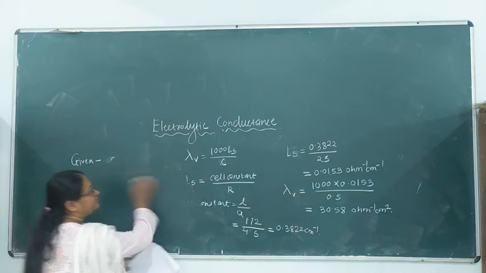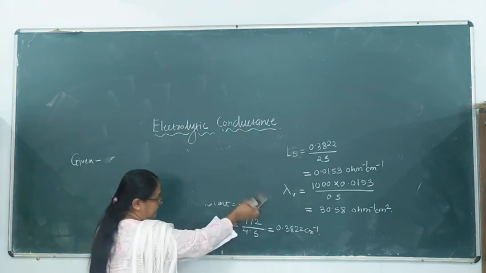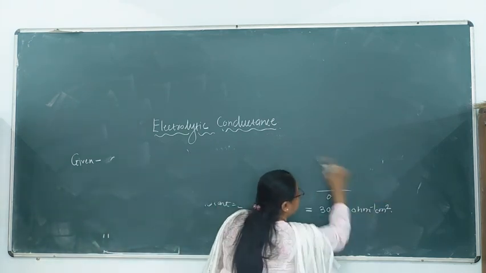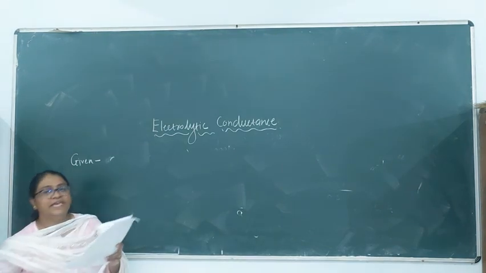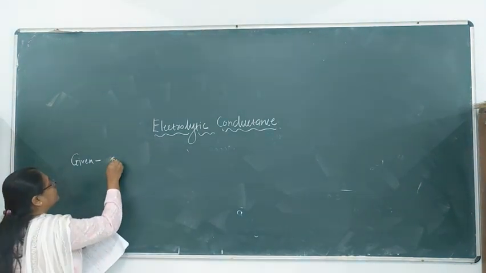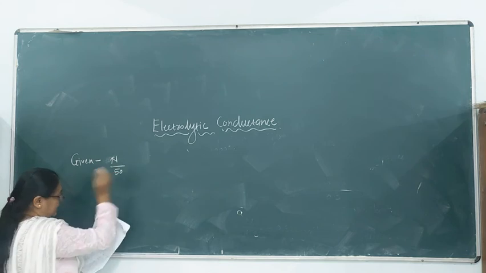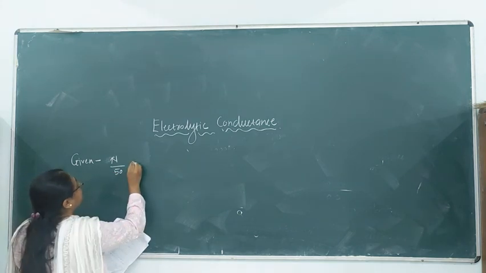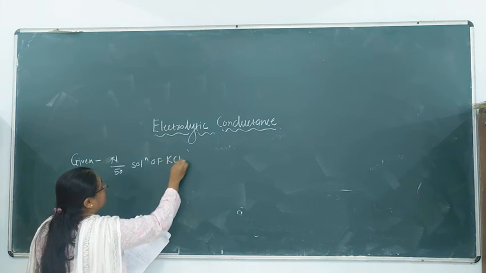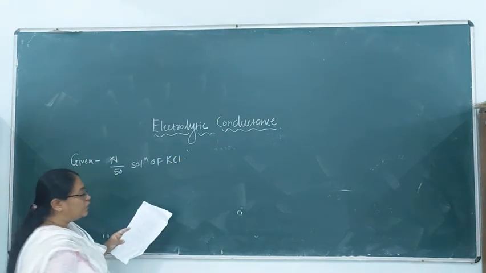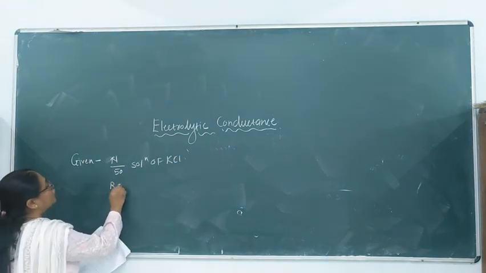The problem is: the resistance of N by 50 solution of KCl at 25 degrees Celsius is 400 ohm.